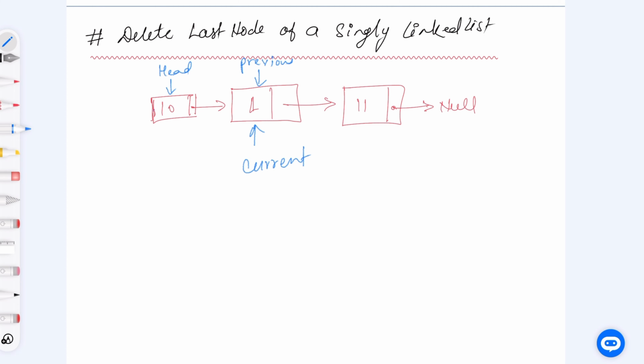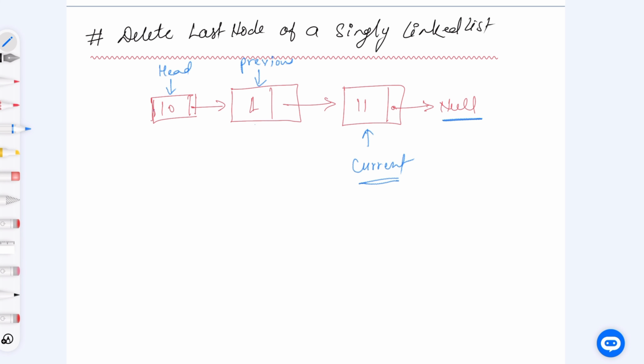We'll keep doing that until we reach the last node. Let's suppose our current moves from here and reaches here. When we reach the last node, we check: current.next is null.